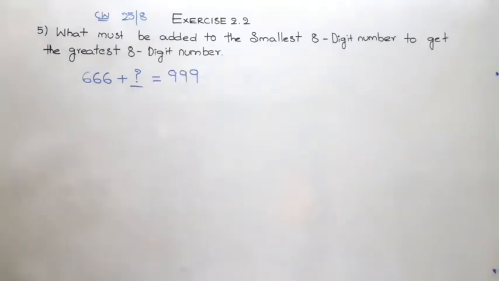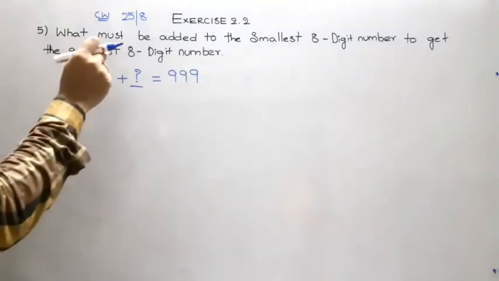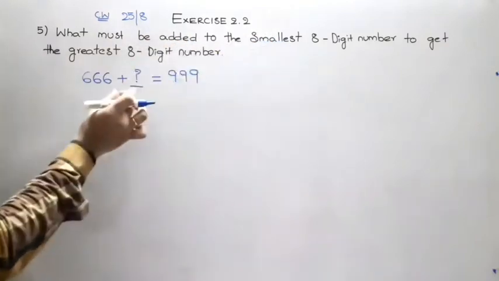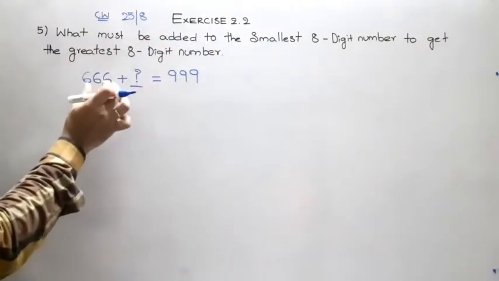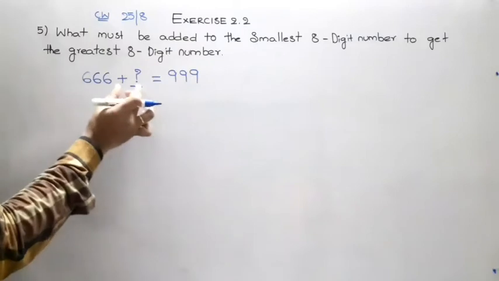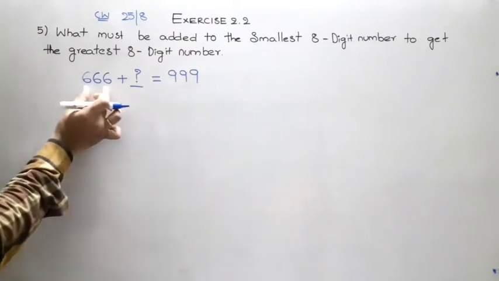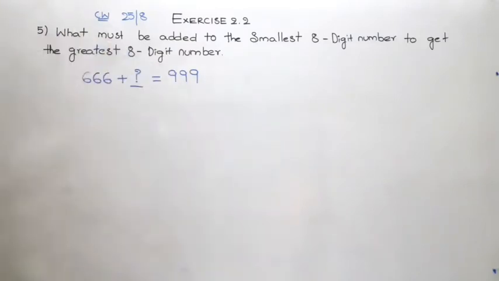Okay, look, please observe the question carefully. What must be added to 666 so that the answer is going to be 999?